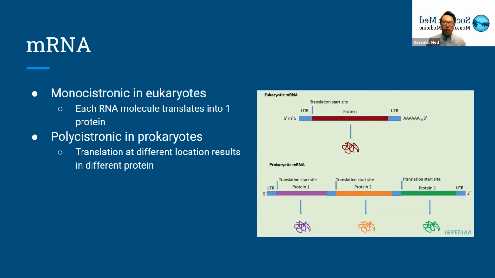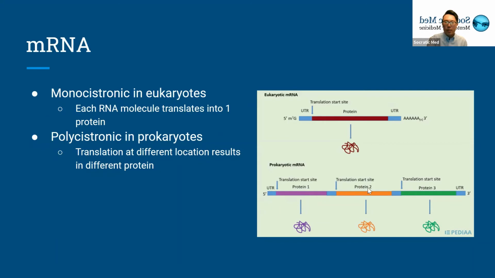But it's polycistronic in prokaryotes. That means depending on where you start the RNA transcription, it results in a different protein. Since prokaryotes usually have a lot less DNA, only one ring of DNA, they evolved to be polycistronic.